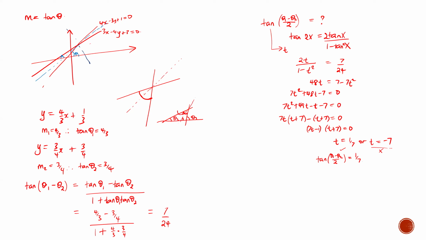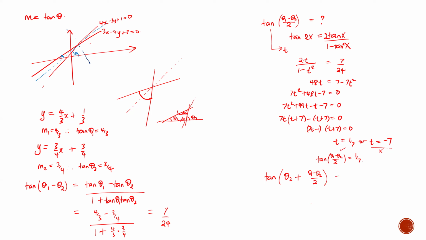So if I were to expand on this, we now have that angle right there, the half, and we have theta 2, so now we can get that angle right there by adding theta 2 and theta 1 minus theta 2 over 2. We're just going to get the tan of it because we want the gradient. So the tan of theta 2 plus theta 1 minus theta 2 over 2.